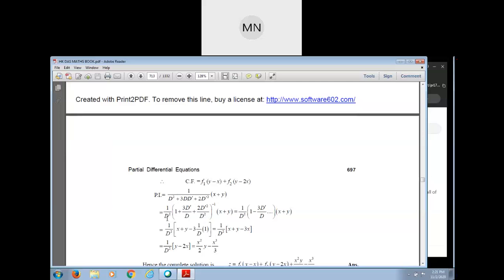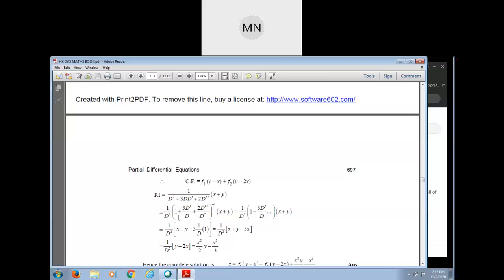Then D square comes out, and the remaining part is 1. The second term is 3D dash divided by D, and the third term is 2D dash square divided by D square, the whole inverse. Because you have to write this as f(D, D dash) whole inverse, we take common 1 by D square, then we get this into x plus y.